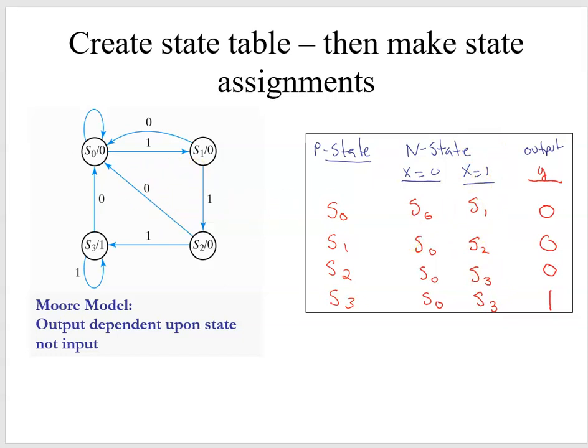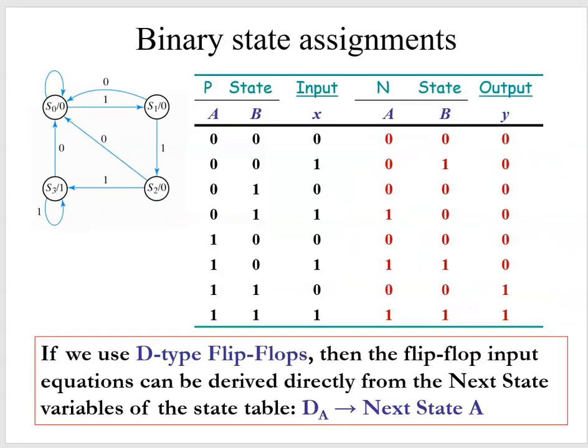From the state table, we want to get our next state equations. So it's easiest to get our next state equations if we make our binary assignments first. Making our binary assignments, we convert to this table where state 0 is the first 2 rows, state 1 is the second 2 rows, state 2 the third 2 rows, and state 3 the fourth 2 rows, where we have x being a 0 or a 1 in each of these states.